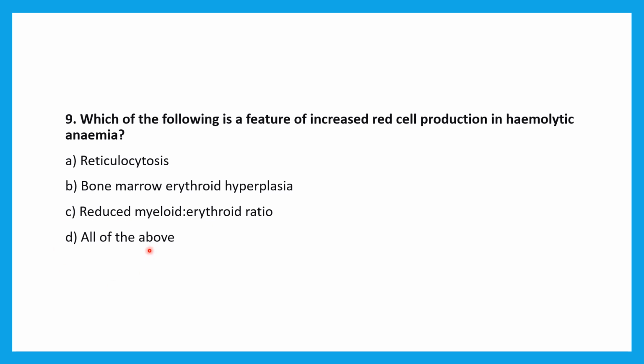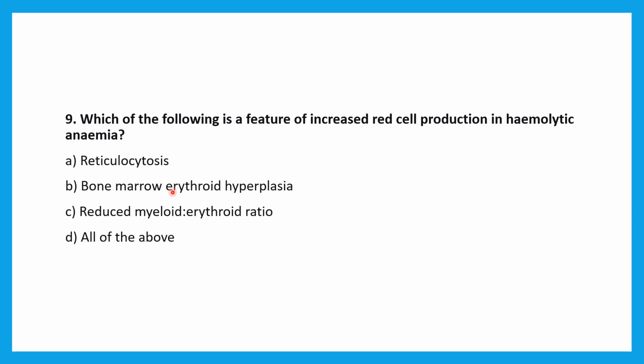Okay, this is straightforward because we know that the bone marrow compensates for the loss of RBCs by increasing what? Its production. So now, when we say increasing production, of course, there is reticulocytosis, an increased number of young immature RBCs known as the reticulocytes in the blood.